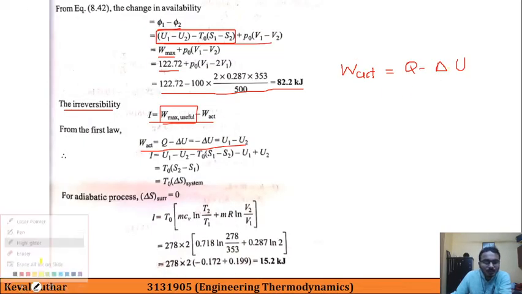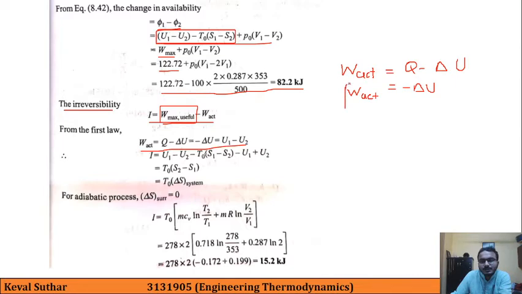So now we are only left with minus delta U. So W actual will be simply minus delta U.